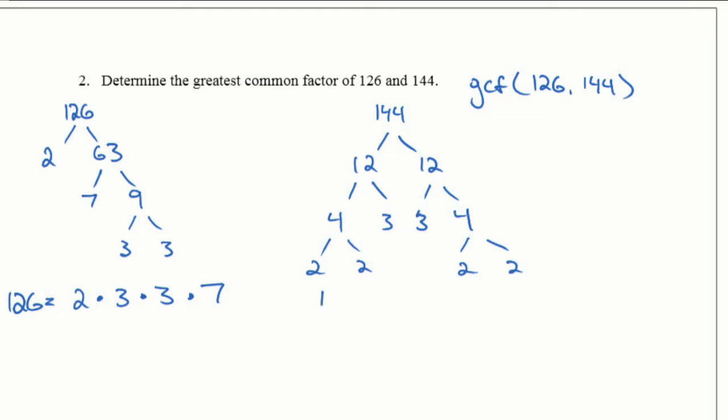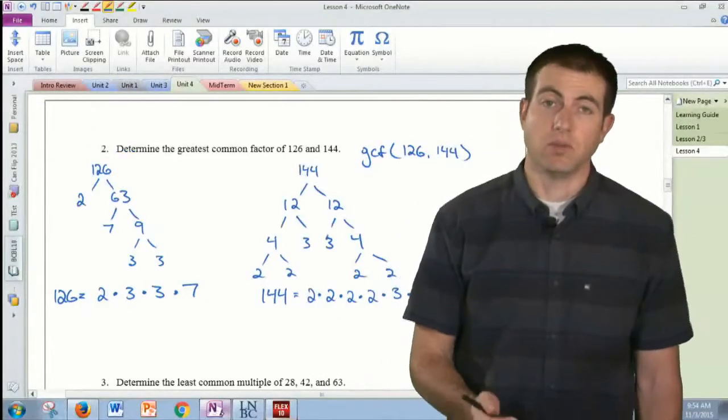So if I take 144, how am I going to get to that? That's going to be 2 times 2 times 2 times 2 times 3 times 3. So that is the prime factorization of 144.